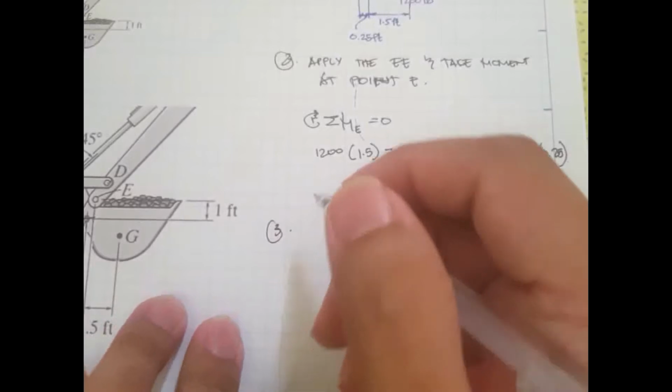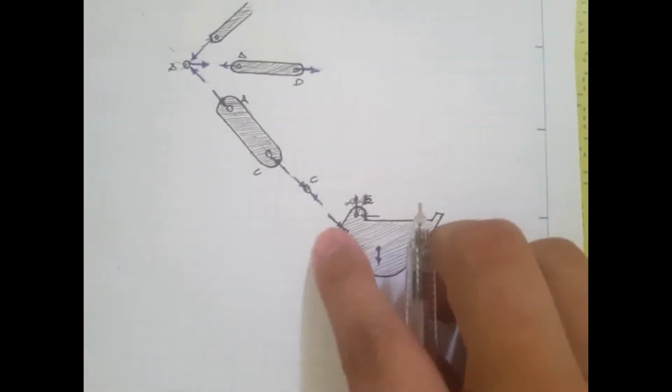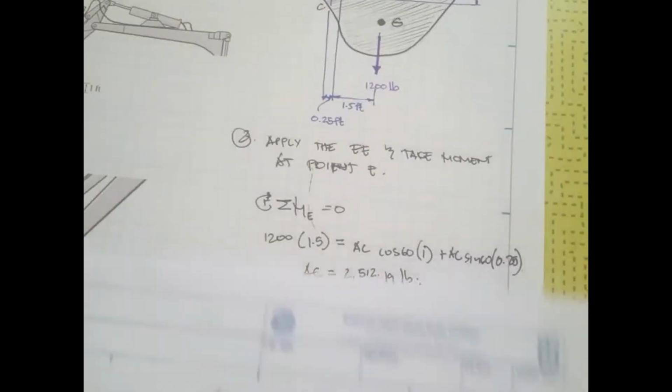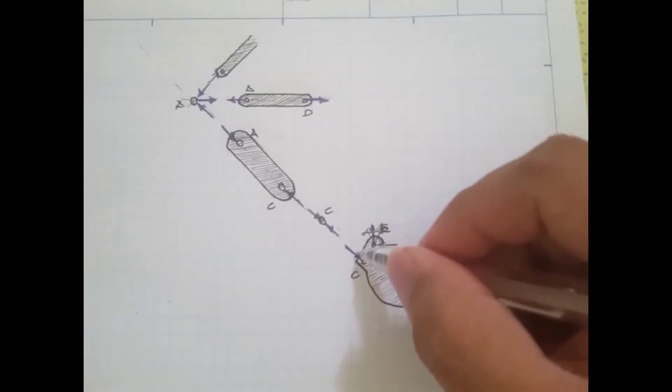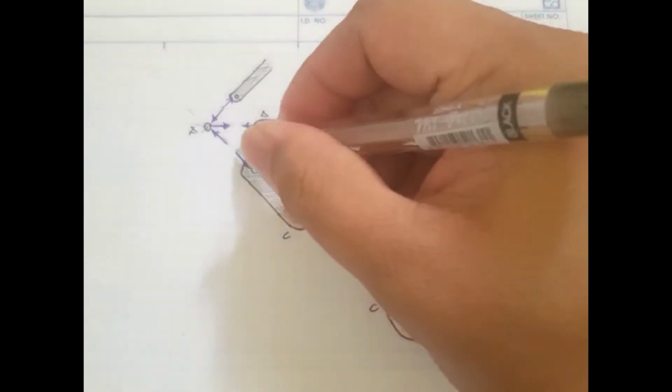Okay, step 3. Now that we have this force, this is 2512. So all these are 2512.